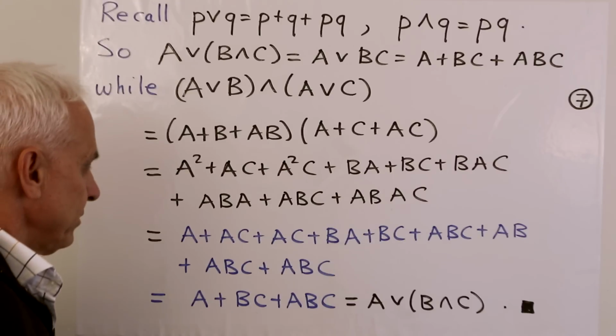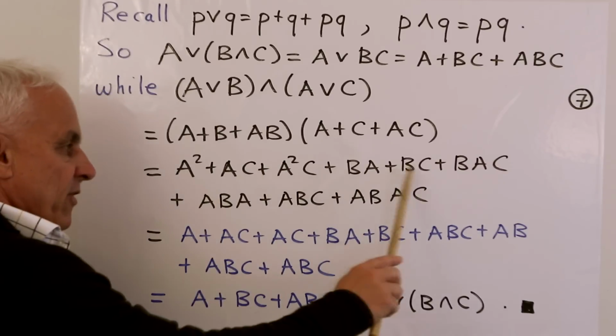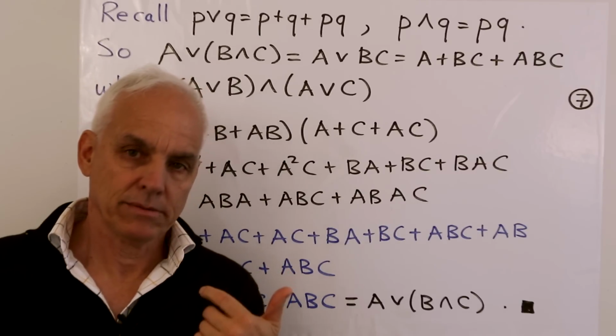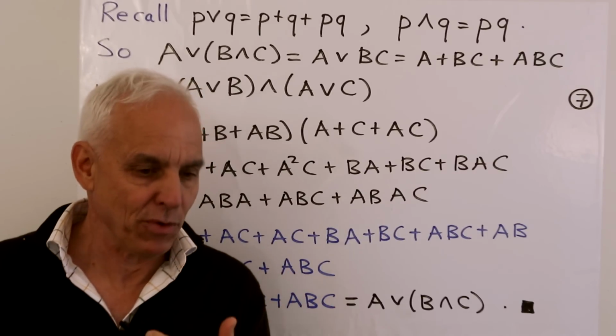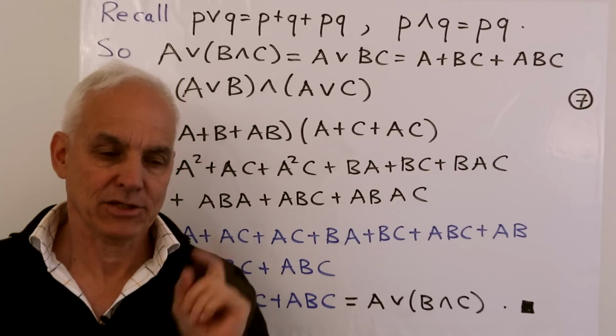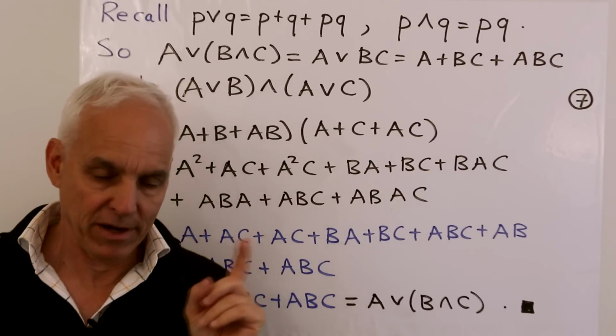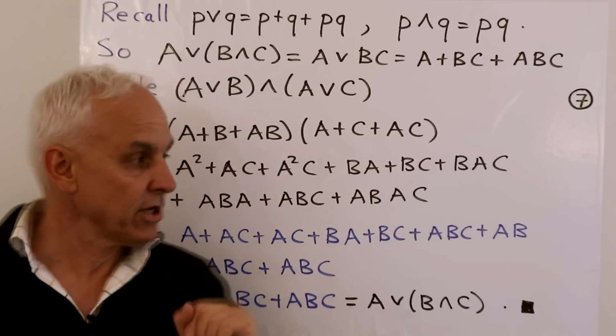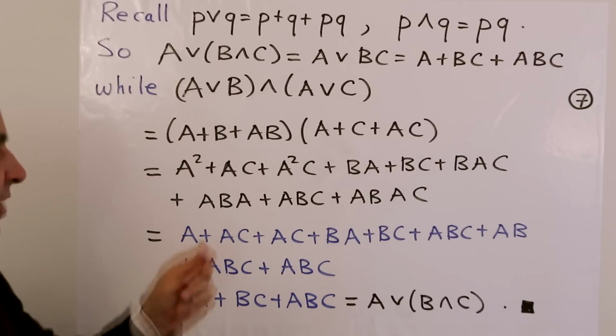Now what? Well, we're going to simplify this now. And we're going to simplify it because in the algebra of Boole, x squared is always equal to x. That's one fundamental thing. The other fundamental thing is that x plus x is always 0. So let's do the x squared equals x first.